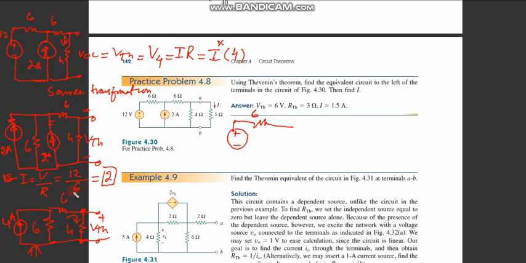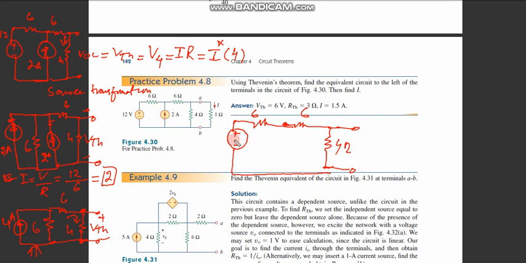Then this 6 ohm resistance was in series, and then you have the 4 ohm resistance, and then the AB connection. So I can redraw the circuit like this again.